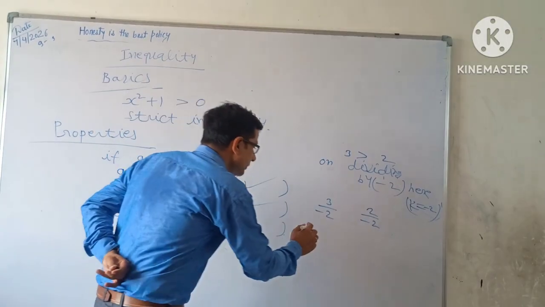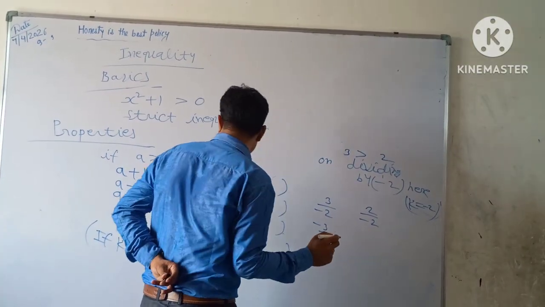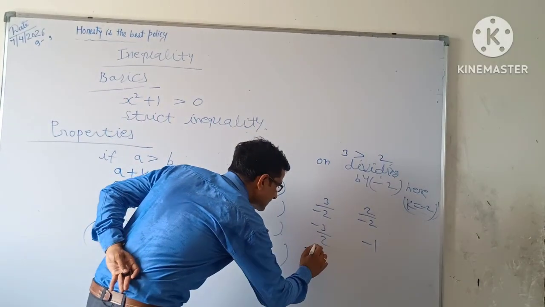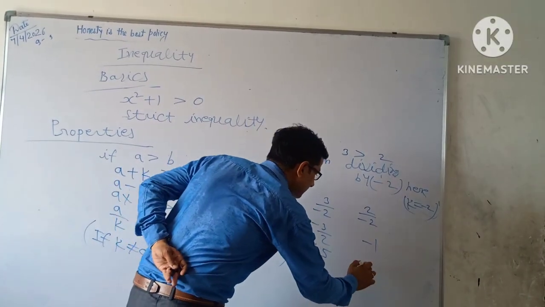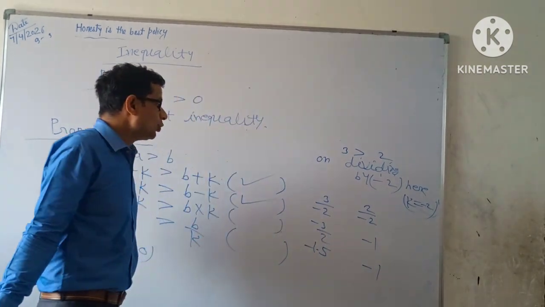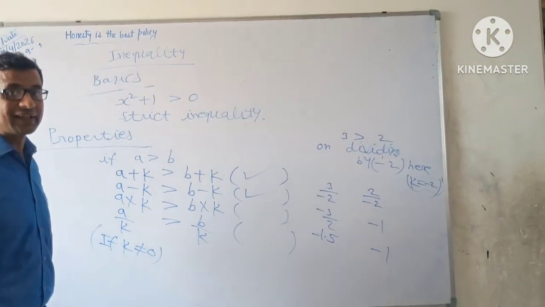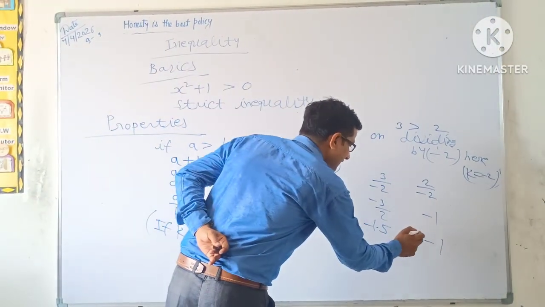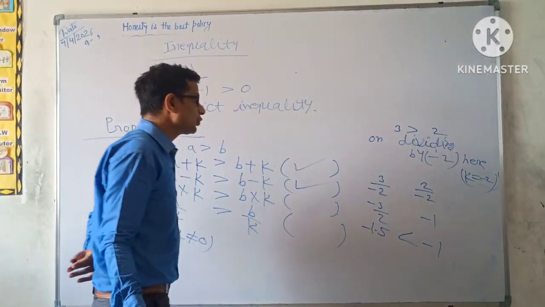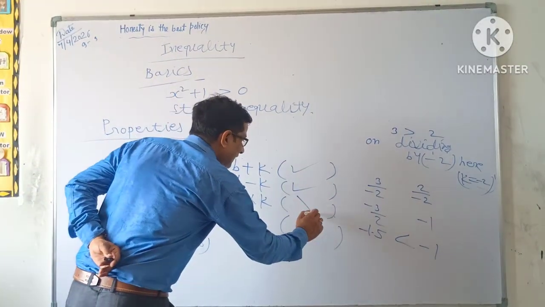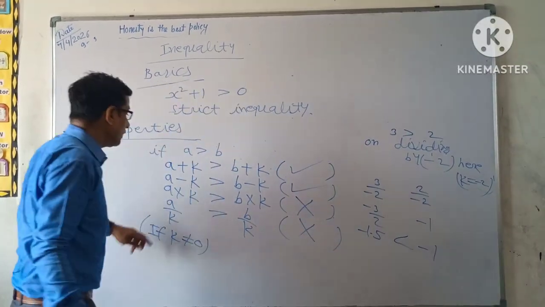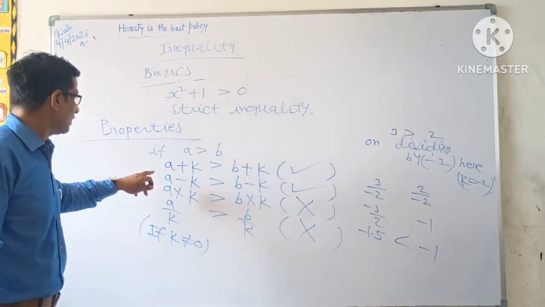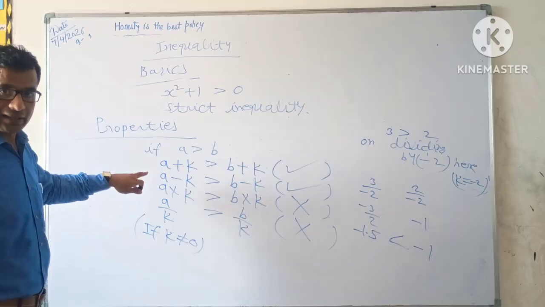So 3 by minus 2 means minus 1.5, and 2 by minus 2 means minus 1. We know that minus 1.5 is not greater than minus 1. Minus 1 is greater. Here also the inequality fails. So we cannot multiply or divide by any unknown quantity K. We can only add and subtract if K is unknown.